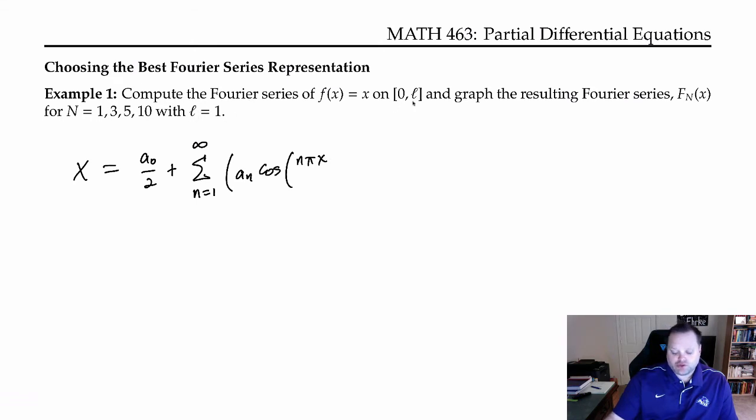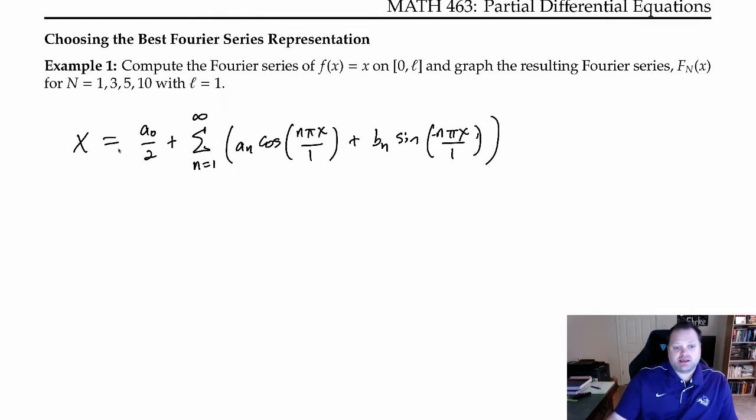We're on the interval from 0 to 1. So if L is 1, then I'll just write 1 there, plus bn sine n pi x over 1. So x is given to us by this series. In other words, a representation of the function x is given to us by this series if we have an infinite number of terms. However, we need the coefficients here.